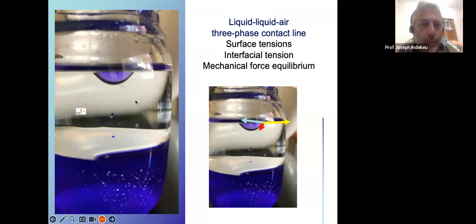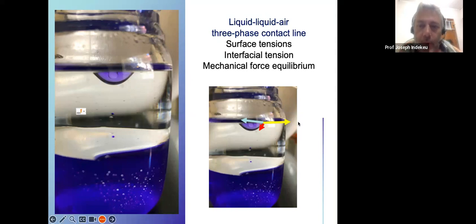We're going to study the force equilibria that act on the contact line where these three phases meet. So we have two liquid phases and one air phase, one vapor phase, and they meet at the common contact line.